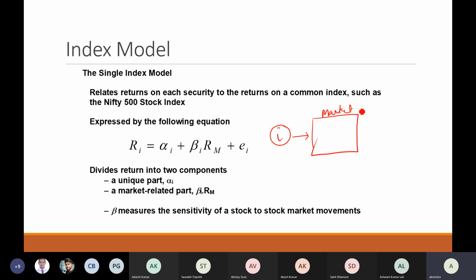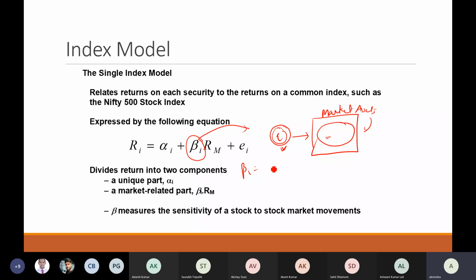So this is the market asset basket, you can say. All assets are here. When I'm looking at the expected return of this, which is part of this entire market, there is no reason to believe that the return performance of this stock will be very different from the market. And also because you are considering the systematic risk of this security I.